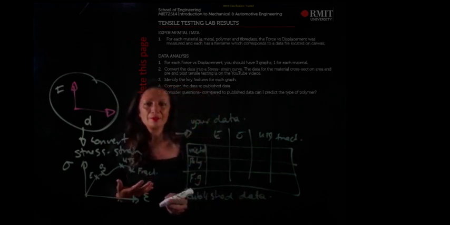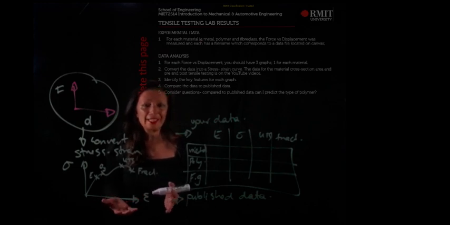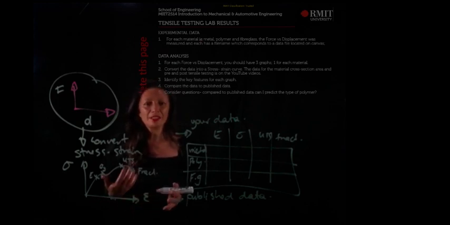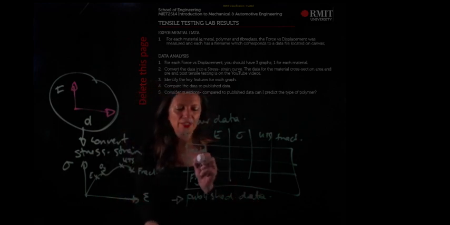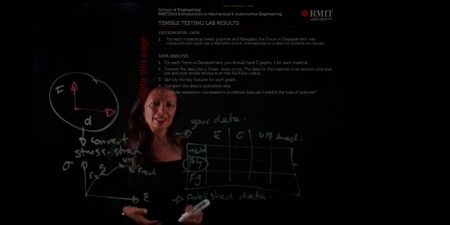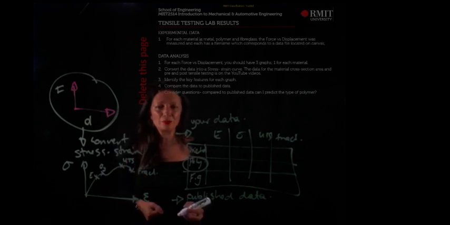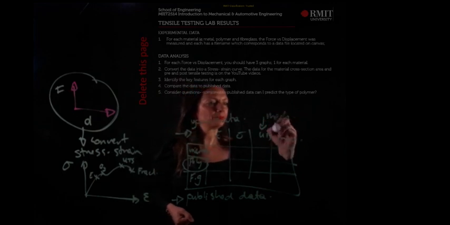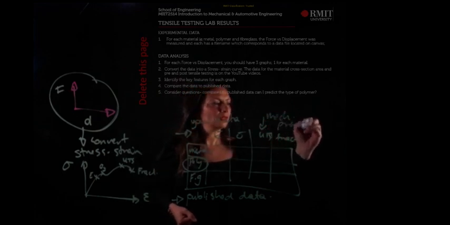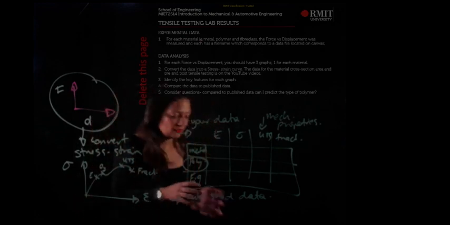And here is where you can make assumptions of why the material properties are not the same, from experimental errors. We don't actually have what the polymer is, but maybe you can look up a few different types of polymers and make an assumption of what that polymer could be based on its mechanical properties. So that's pretty much the tensile testing lab done.